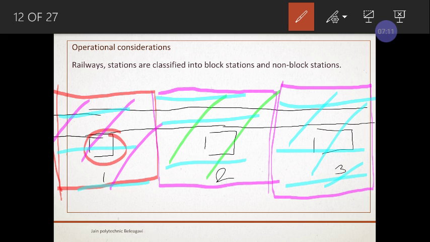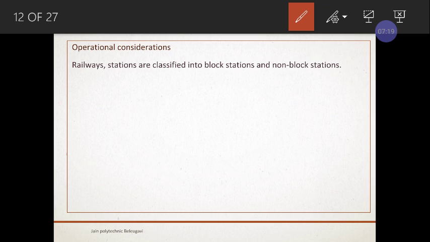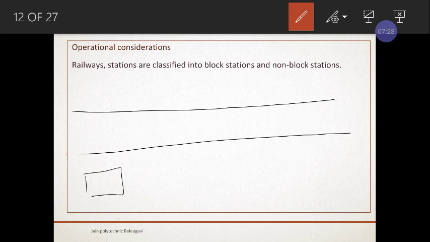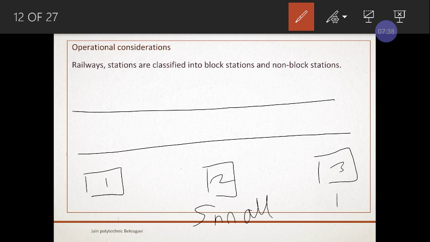And the non-block stations are the stations which don't come under any block. For example, if there are 3 stations, station 2 is a small station, and the other two are big stations.